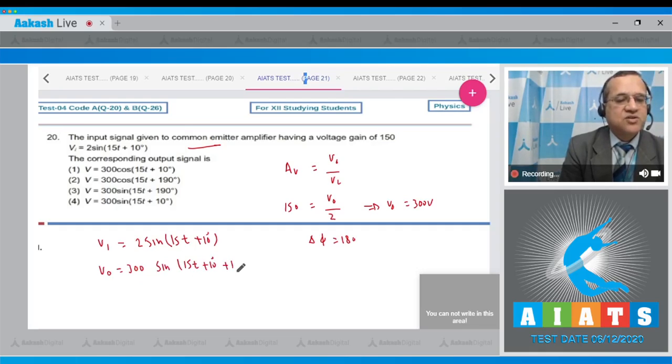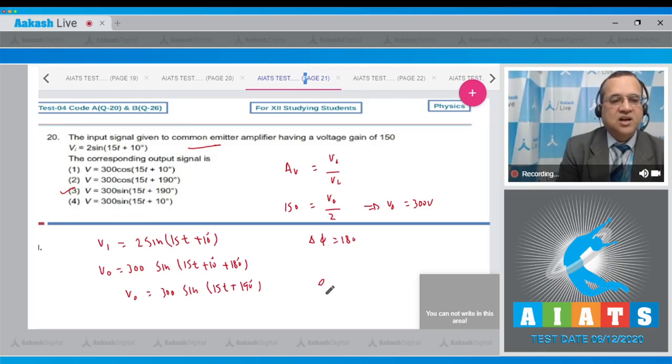Now an additional phase of 180 degree will come into the picture. So the output equation becomes 300 sine of 15t plus 190 degree. And your option number 3 is 300 sine of 15t plus 190 degree. So the correct option is option number 3.